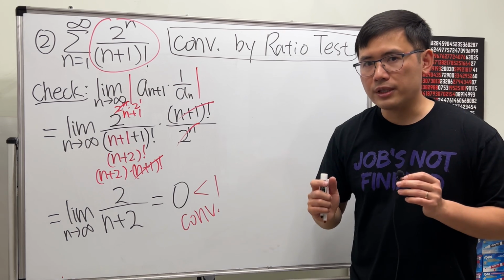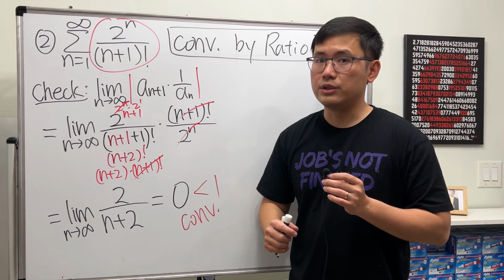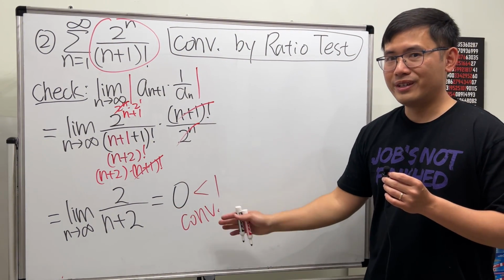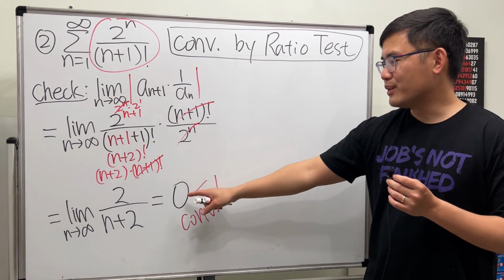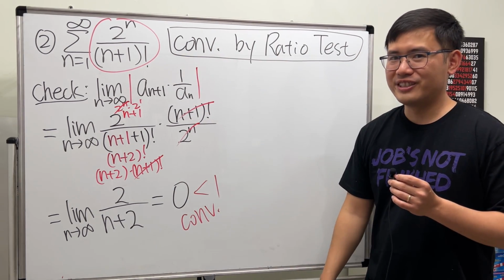It's the limit comparison test that we cannot say anything if the limit is equal to 0. But for the ratio test, if the limit is equal to 0, we can still draw a conclusion. As long as the limit is less than 1, that series converges.